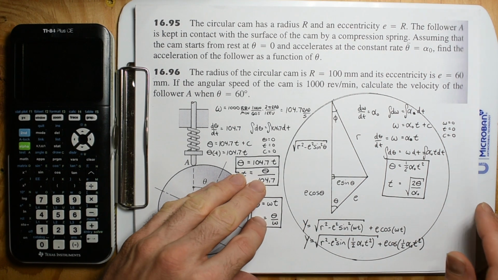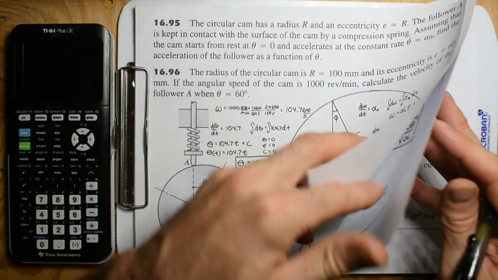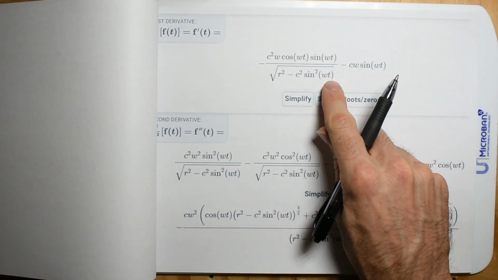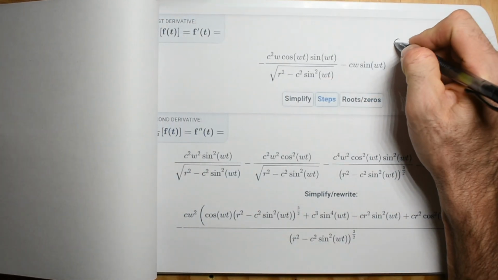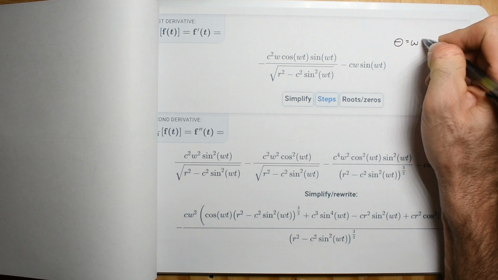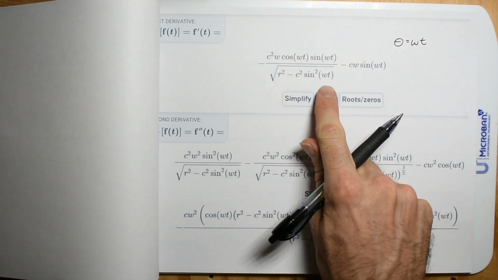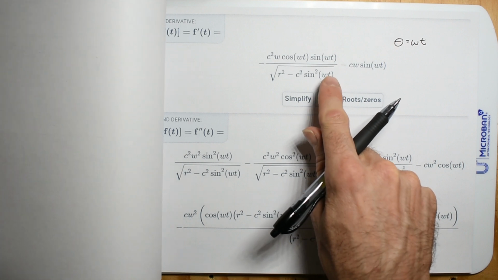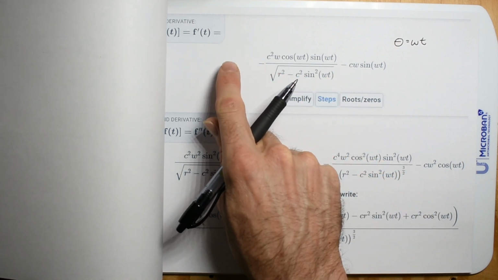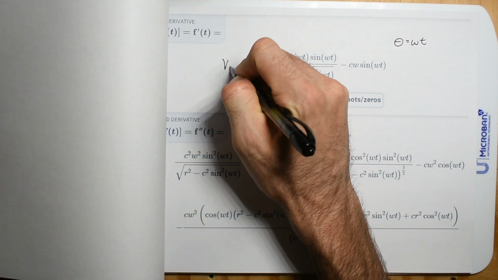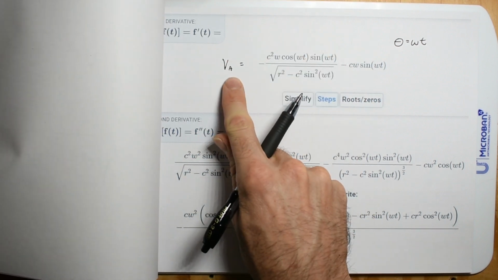And then what we're going to do is basically say, cool, once we get that derivative, wasn't theta just omega t? So anywhere where we see omega t, we can just throw in theta. And so this is kind of cool because now we do have an equation as a function of time. This would be the velocity of that follower A as a function of time.